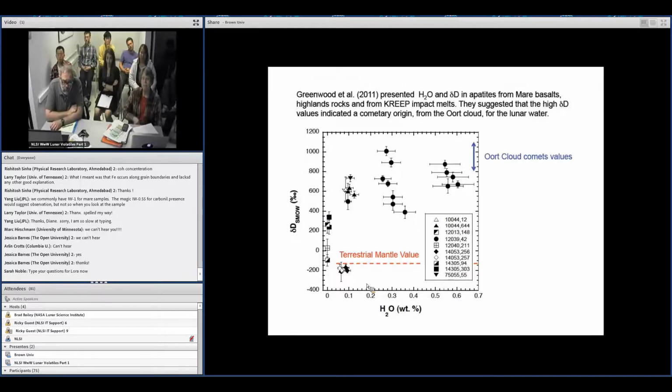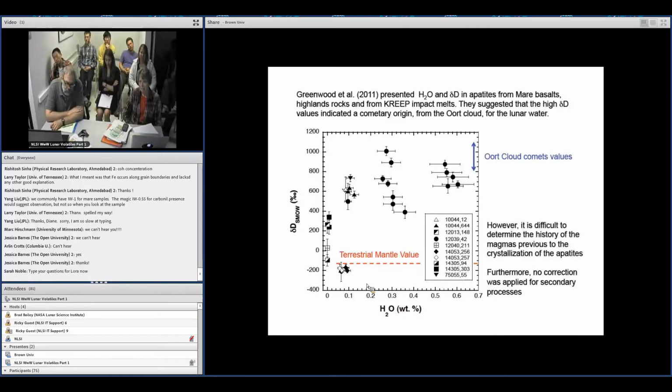And there was a paper by Greenwood, and now more papers are appearing, where it shows that most of these apatites seem to have not only high water content, but also high delta D. The interpretation from Greenwood was essentially that most of these represented the influence of Oort-type comets as a delivery process for the water to the moon.